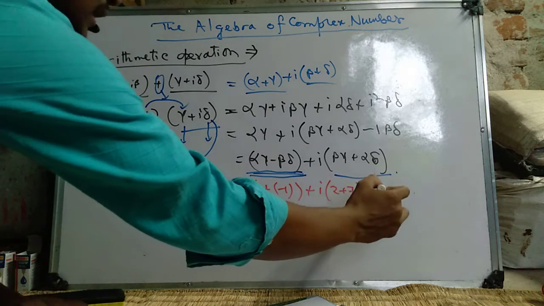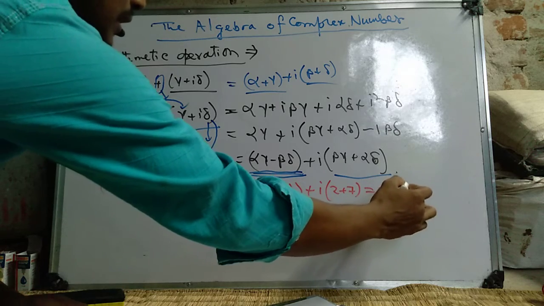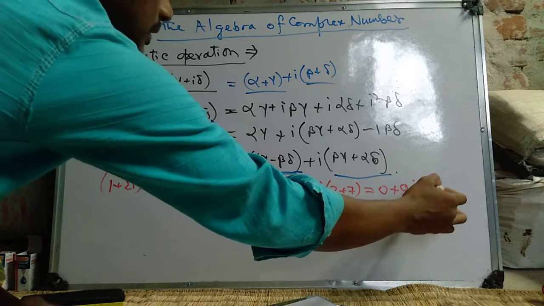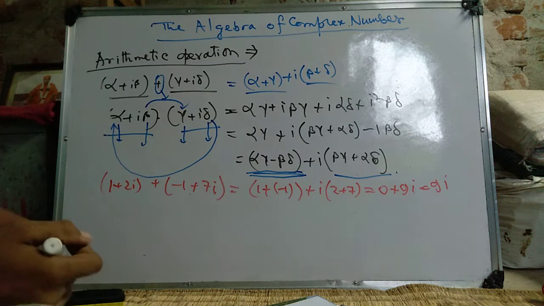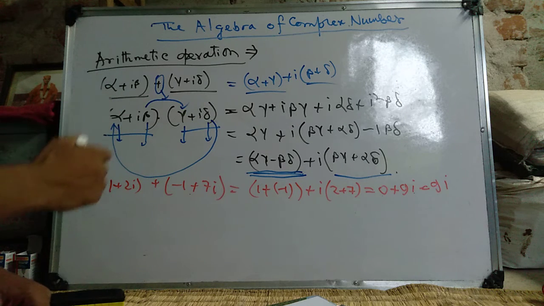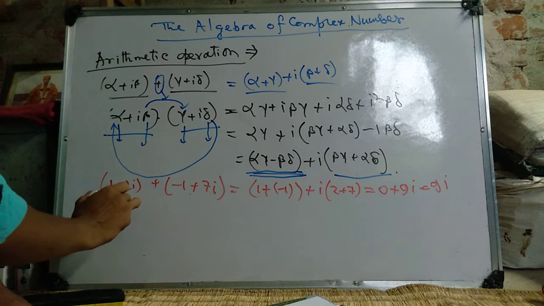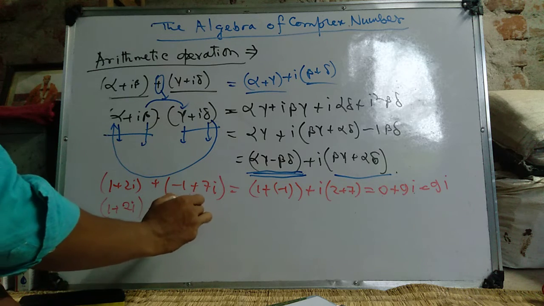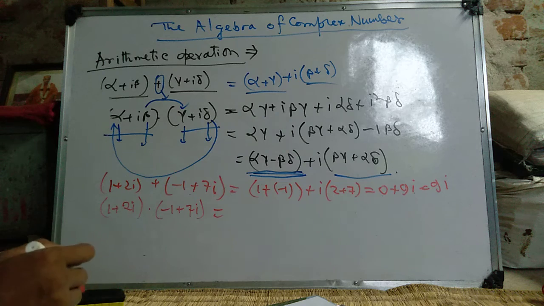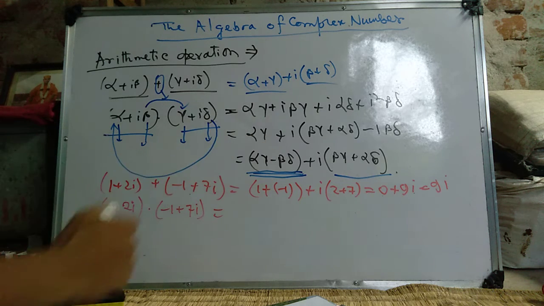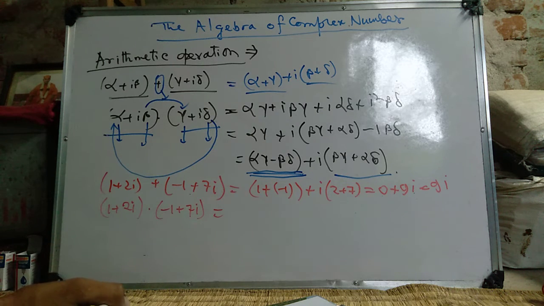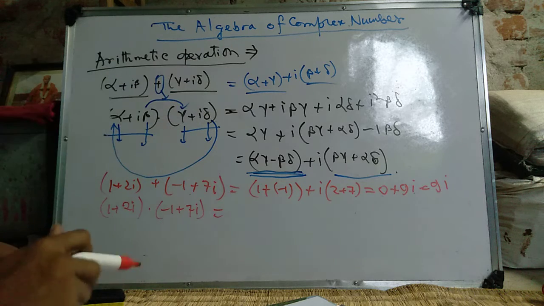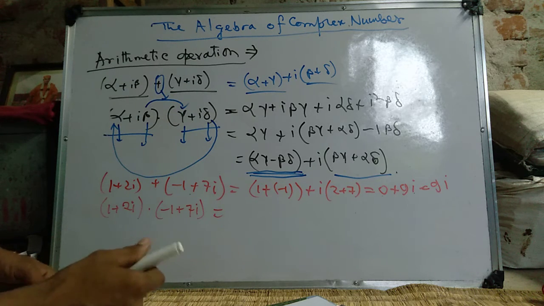This implies 0 plus 9i, which implies 9i. Next, if we multiply those two numbers, 1 plus 2i multiplied by minus 1 plus 7i, it is simple; we just take the rule and do not give more steps of the multiplication calculation.